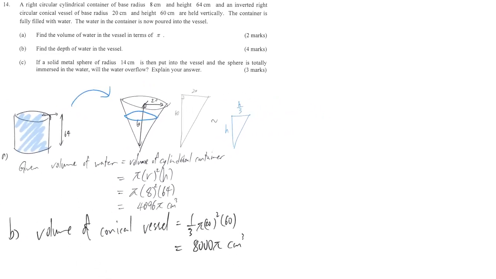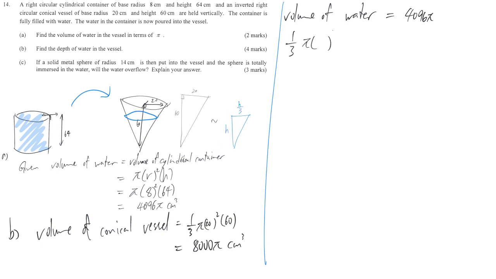Okay, now the volume of water we already know is 4096 pi cm cube. At the same time, we can express it in terms of h, so that we can find their relation. It's 1/3 pi r squared times height, equal to 4096 pi. In terms of h, the base radius is h/3 and the height is h.